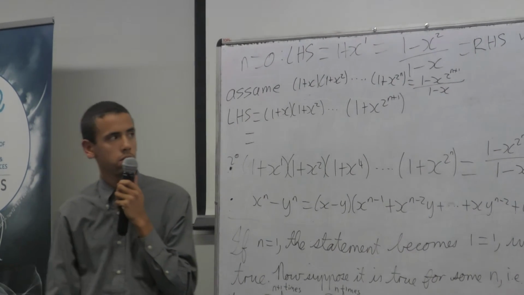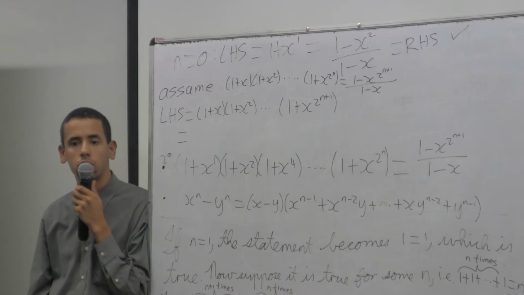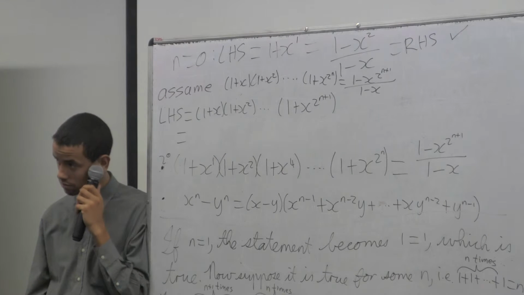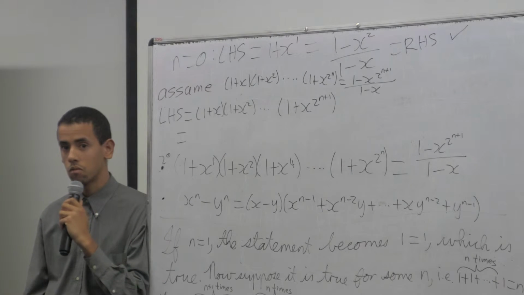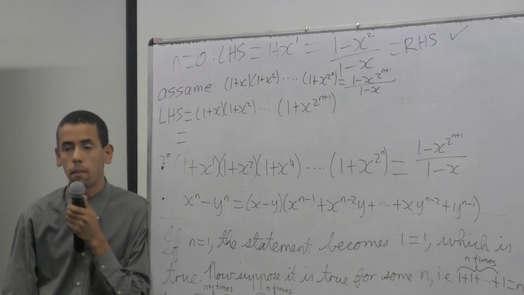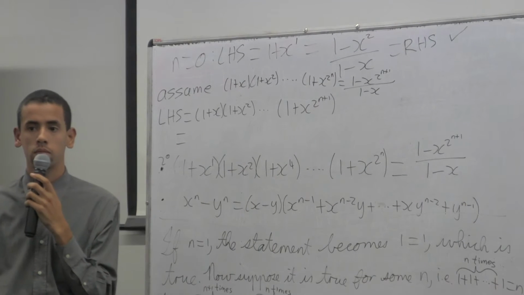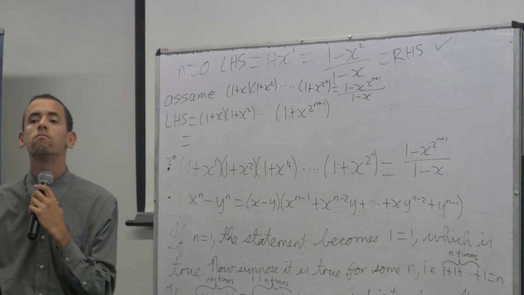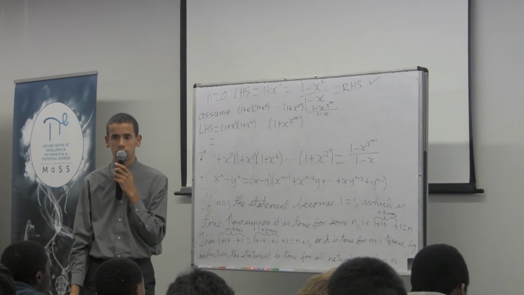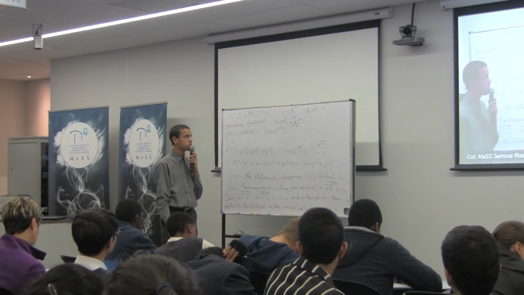Okay, now how can we use our induction hypothesis? Okay, so we know that up to 1 plus x to the 2 to the n will give that formula there, right?